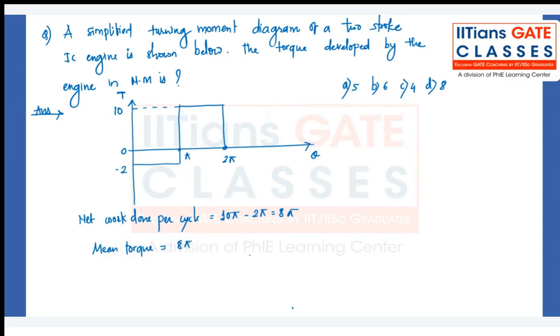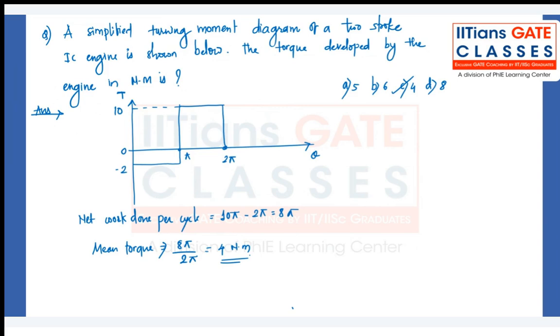This 8 pi is over the 2 pi range of theta. Work done is equal to T into theta, so we are just subtracting the areas, and if you divide the work done by theta, you will end up with the mean torque. We got the net work done over the theta of 2 pi, so we divide by 2 pi. So 4 Newton meter is the answer. Hence option C is correct in this case.